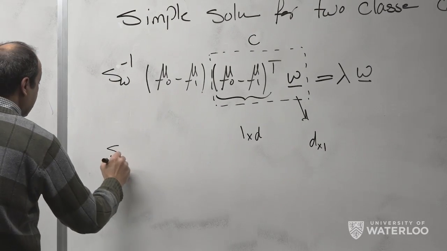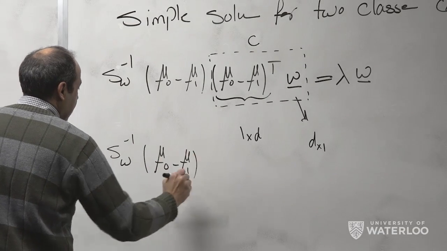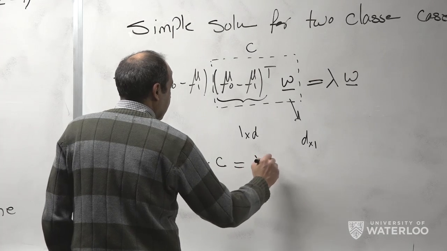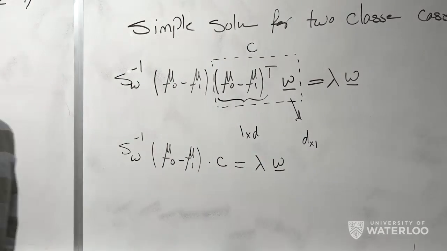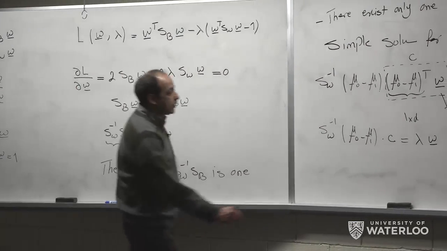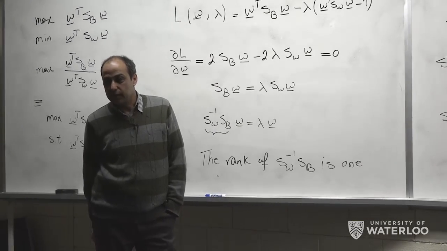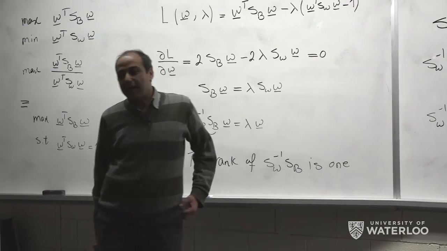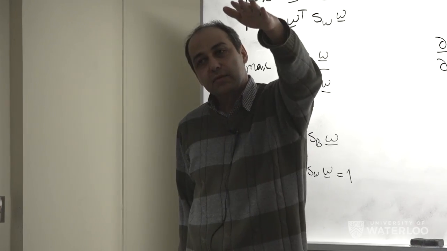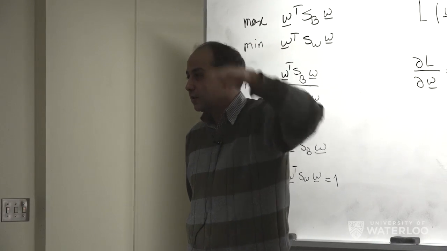So I can say SW inverse times mu 0 minus mu 1 times C equals lambda W. I don't know what C is, I just know it's a constant here. But in fact, what I'm interested in is the direction of W. I'm not interested in the amplitude of W, just direction.